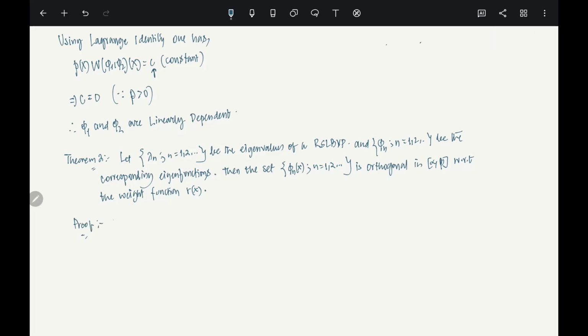Let lambda k and lambda l, k not equals to l, be eigenvalues, and phi k of x and phi l of x the corresponding eigenfunctions.